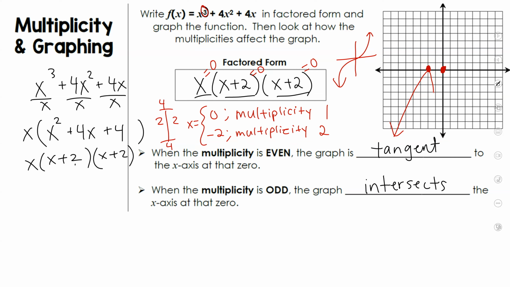Because your multiplicity is even at -2, it's tangent to the x-axis. When something's tangent, it touches it, it doesn't go through, okay? And it'll come back up and go through the 0, because if the multiplicity is odd, it intersects the x-axis at that 0. So that is a rough sketch of what your graph would look like.